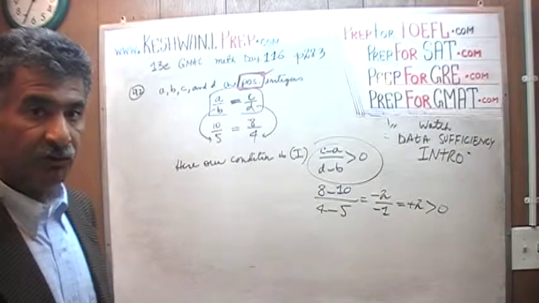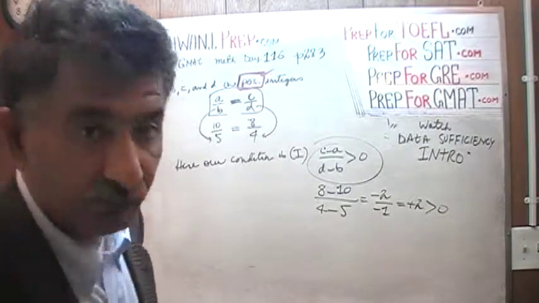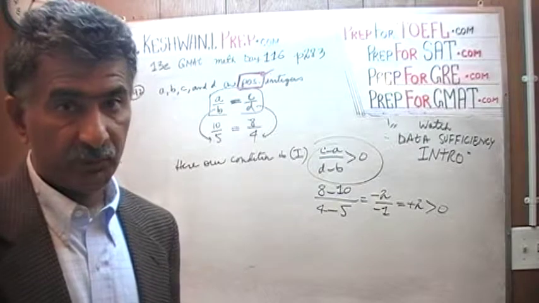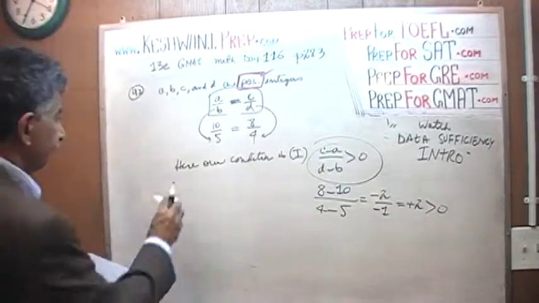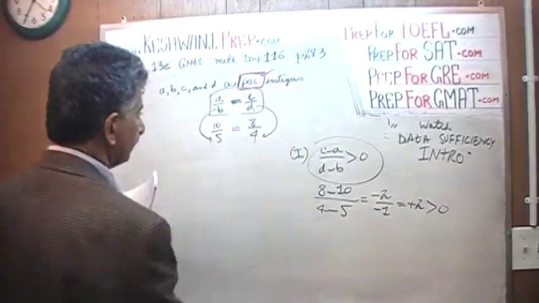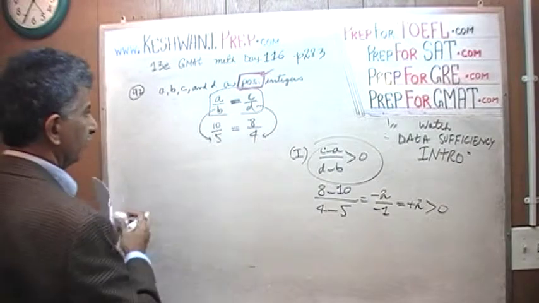Now let's look at situations when they are not equal to each other. It doesn't matter which one is greater and which one is smaller, as long as they are not equal. Let's look at the second situation.